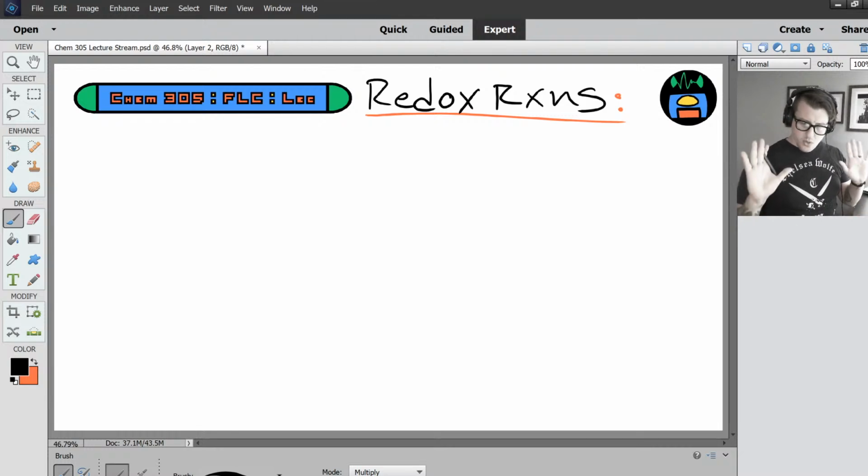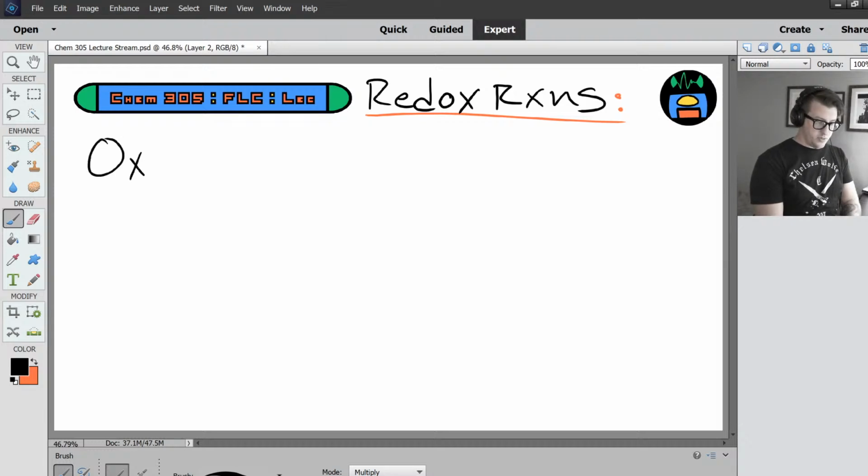Today we're going to be diving into actual redox reactions, and we spent a lot of time yesterday learning how to determine the oxidation state of every element in a compound. There are two things you want to keep in mind.